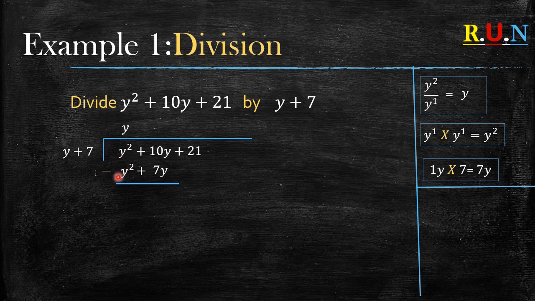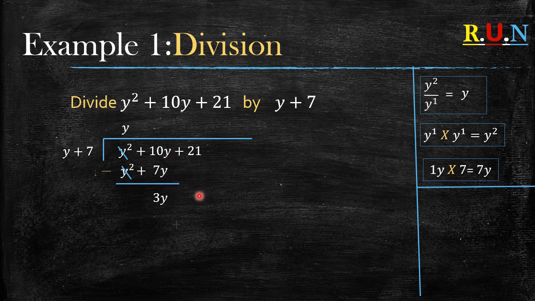What is y squared minus y squared? It will cancel out. And then what is 10y minus 7y? Remember the terms should be like terms. So this is y, this is also y, which means they're also like terms. So 10 minus 7 equals what? Equals 3y. Don't forget the letter part.